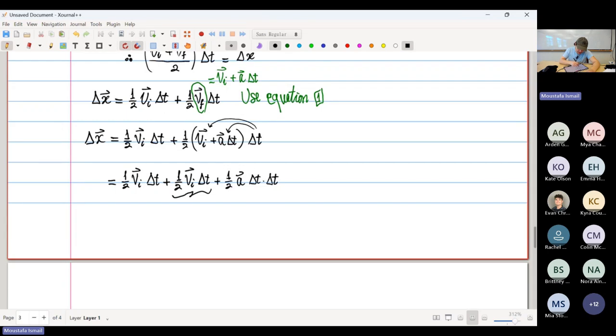Half V initial delta t and half V initial delta t, it's just one V initial delta t because you're adding half of the same quantity. And these two delta t's here become delta t squared. So I finally get delta x equals V initial delta t plus half A delta t squared.